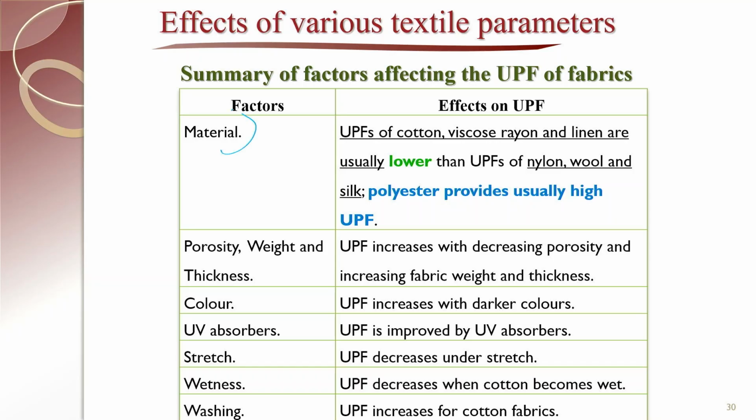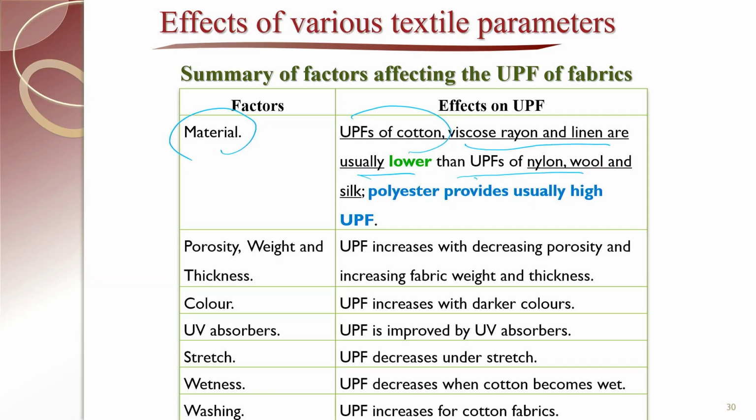Like the material related factor, this we have discussed in the earlier session, the chemistry. So, in the fabric, the UPF of cotton, viscose, rayon and linen is usually lower. The normal cellulose fibers have lower UPF than nylon, wool and silk.